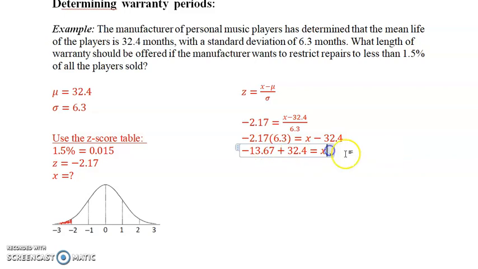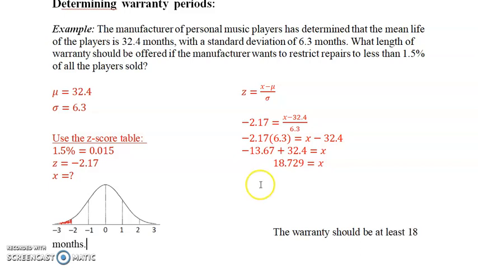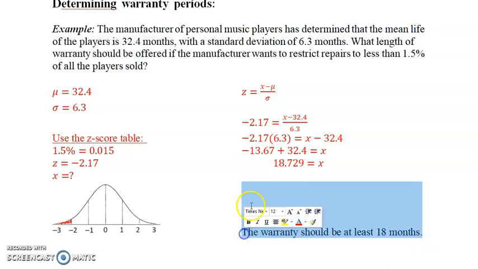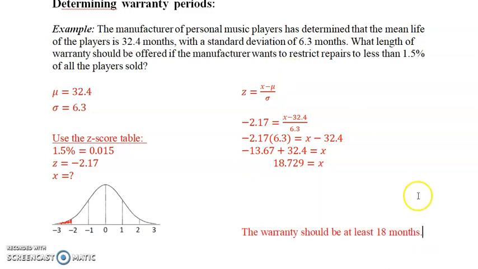That leaves us with X, and that's why we did it. When we add them together, we get 18.729. It's kind of weird to give a 19-month warranty, so we're going to round down. So the warranty should be at least 18 months. 18 months will do it. That'll be the warranty we give out for the player.